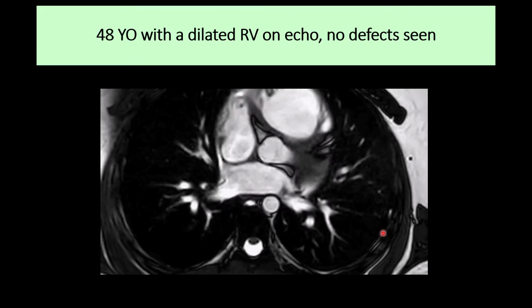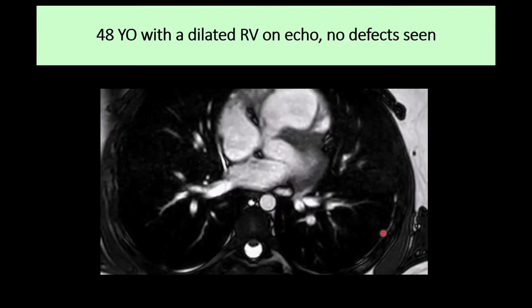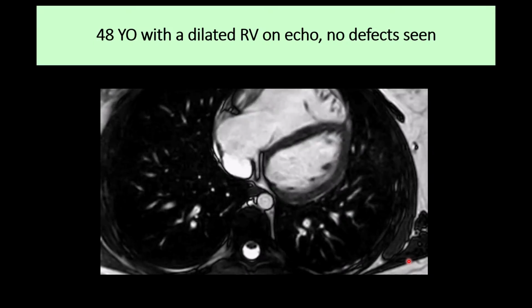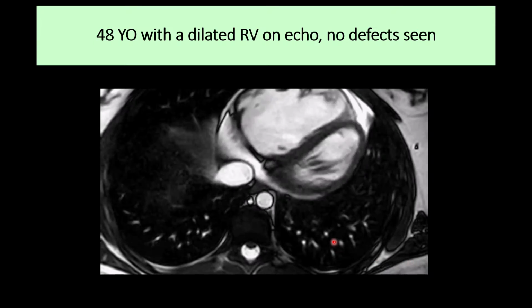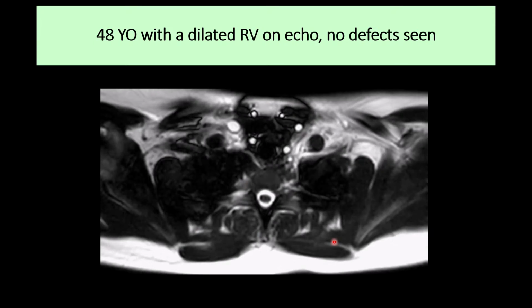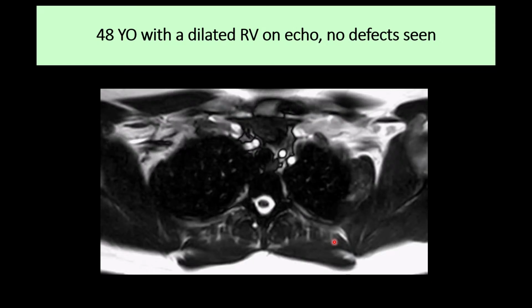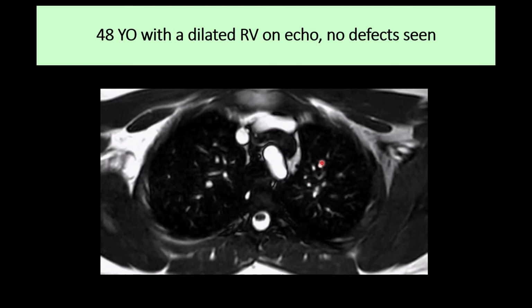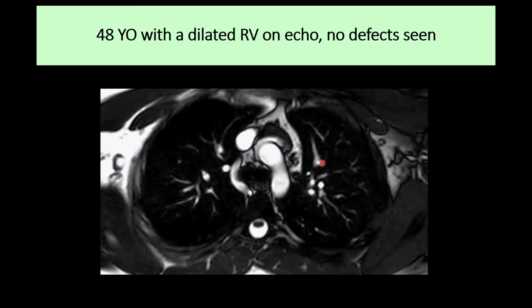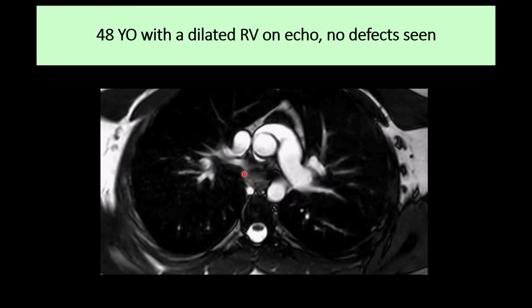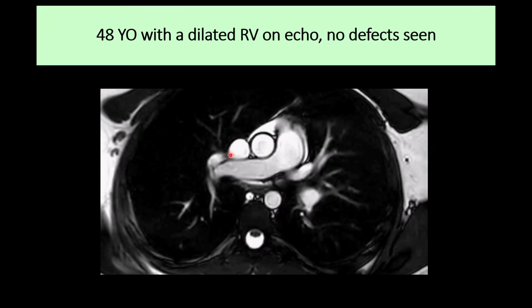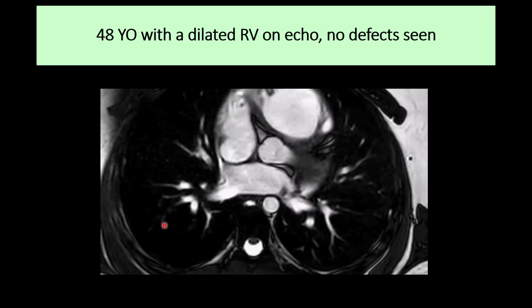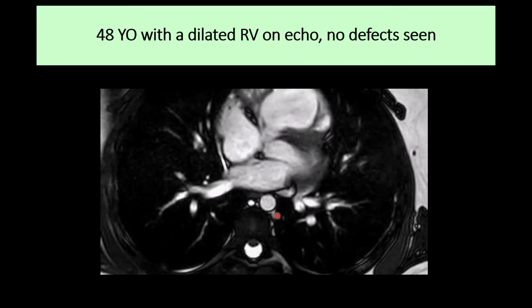You see the RV is very dilated, with a very positive bubble study, they tell you, but they cannot identify the defect. I want to clarify that this defect can be identified by echo, in the right hands and with the right windows.